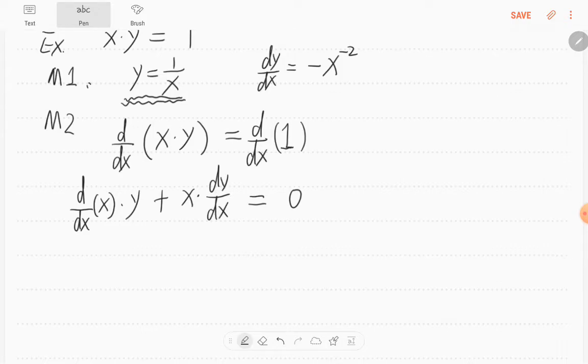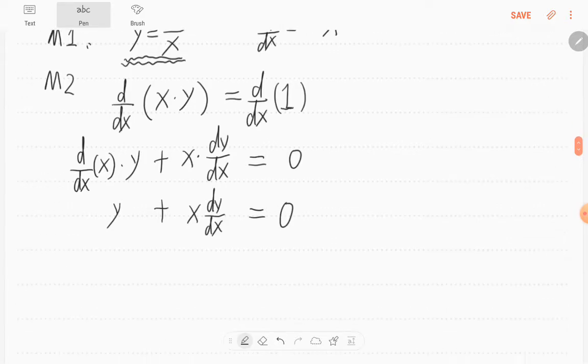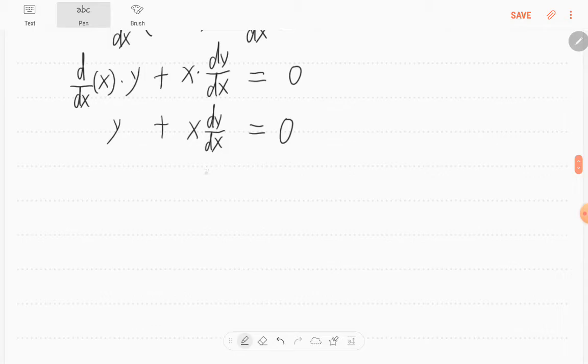So 1 times y plus x times dy over dx equals 0. We want dy over dx, so we solve for it: subtract y and divide by x, giving negative y over x.